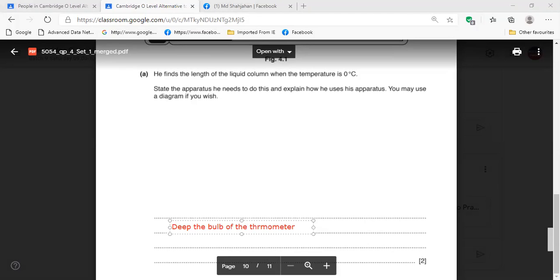What is the word? Immerse. I-double-M-E-R-S-E. Immerse.